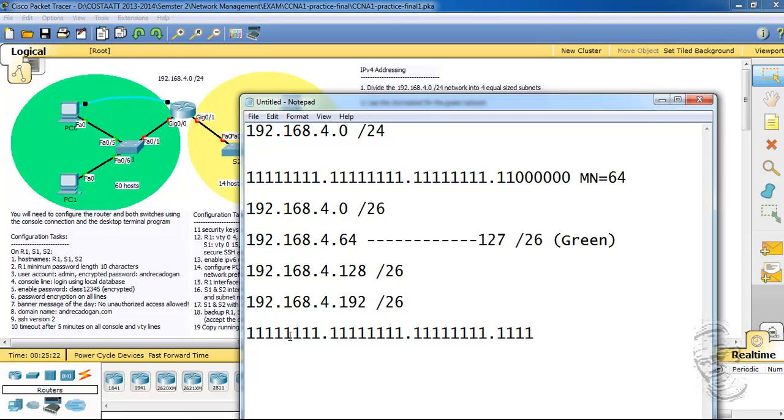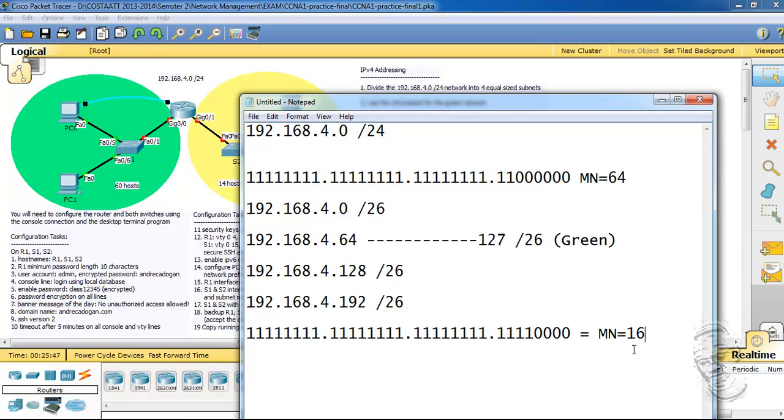That gives us the magic number of 16. We get 14 hosts because one number goes towards the network ID and the other towards the broadcast ID.